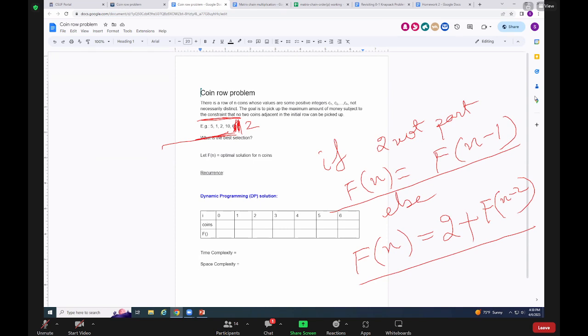Okay, now that you have a recurrence relation, or a recursive function, and you eventually don't want to use recursion, and even if you did, you need to have base cases, right? What are the base cases for our problem?